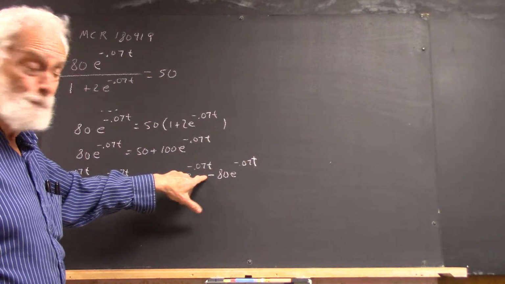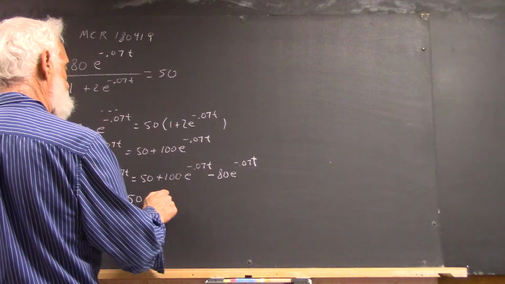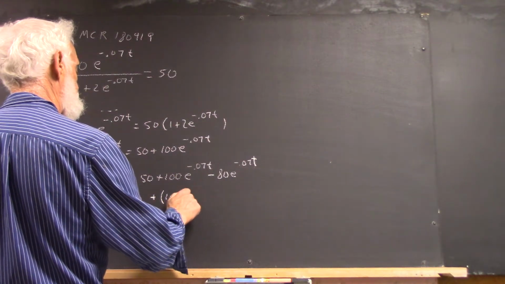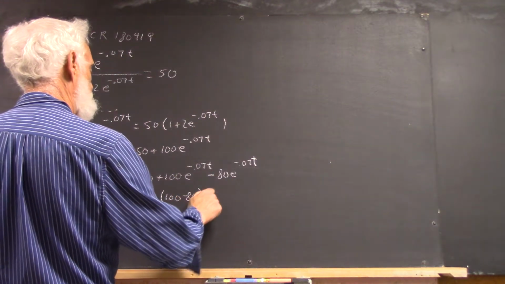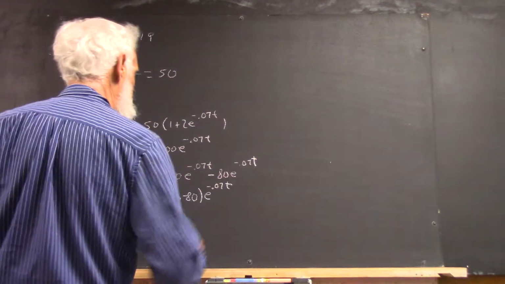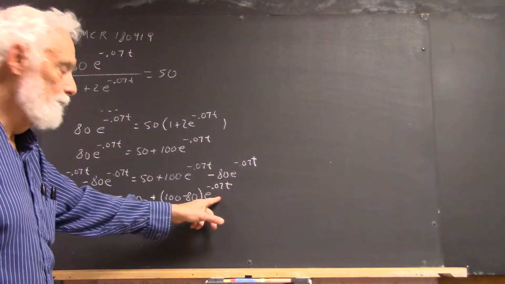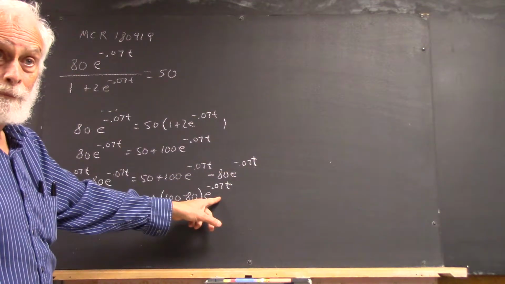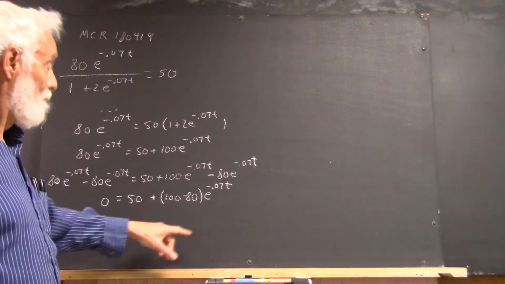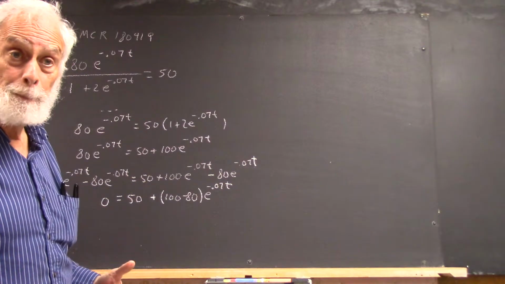Okay? Now, just to really justify that, here's why that works in terms of the rules. Worrying about like terms and unlike terms, you can factor the e to the negative 0.07t out of here, because that's just using the distributive law in the reverse order, right?